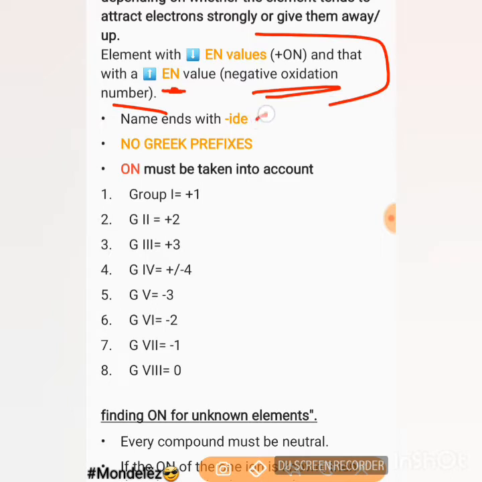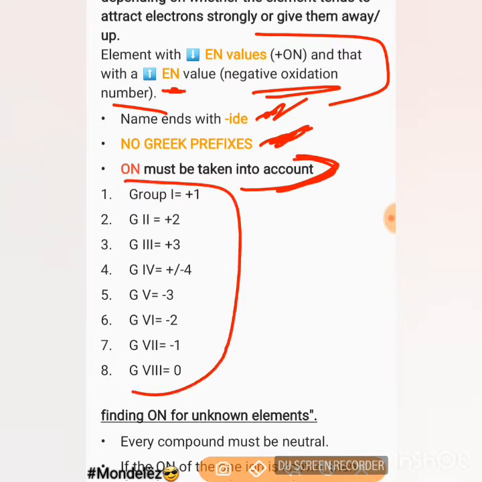Also, it ends with IDE, and in this case, we do not use the Greek prefixes. We take oxidation number into account. Everything in group 1 has an oxidation number of positive 1. Group 2 is positive 2. In group 4 it's plus or minus 4, but most of the time, as Dr. Kotze said, it's positive 4.